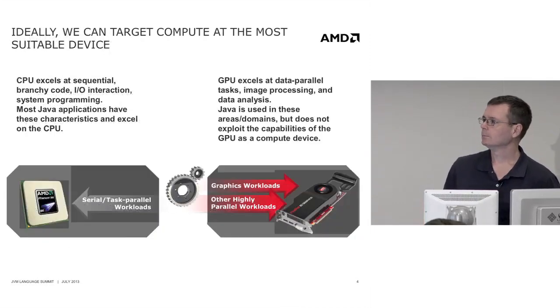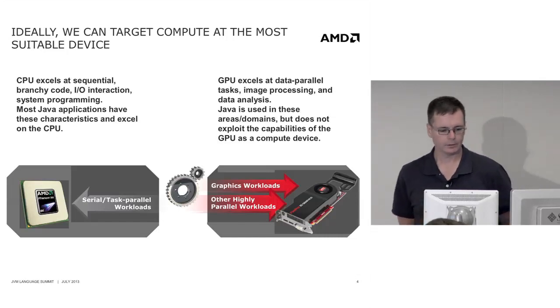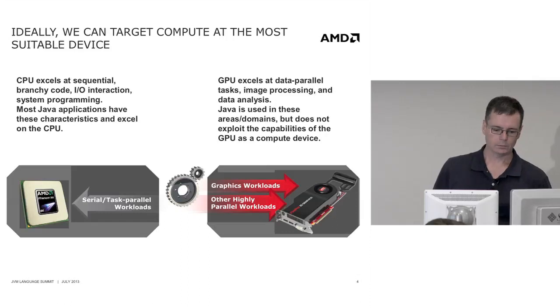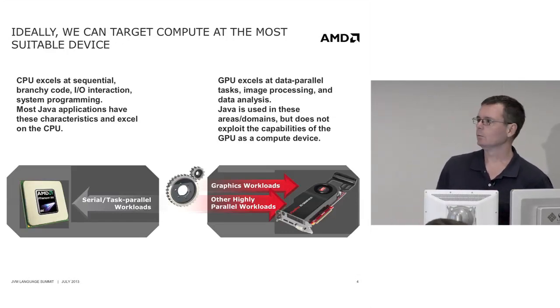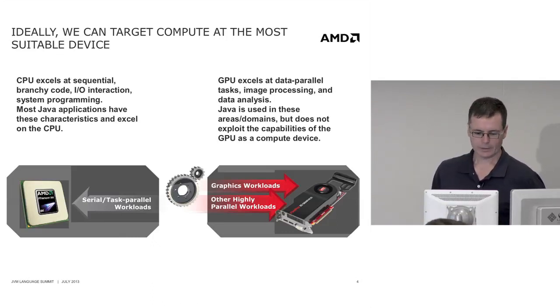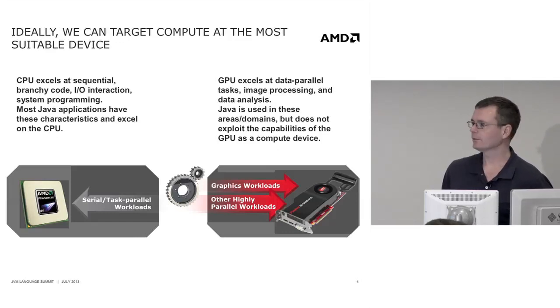So, right, the two programming paradigms between CPU and GPU are quite different. Obviously the OS is going to run on the CPU, and for any kind of branchy code, doing your I/O, networking, and so forth, that's always going to run on the CPU. For the GPU, you want to have a data parallel workload, and the best example of that is graphics processing, just image processing, or drawing things on the screen very quickly, and especially it's used a lot for games.